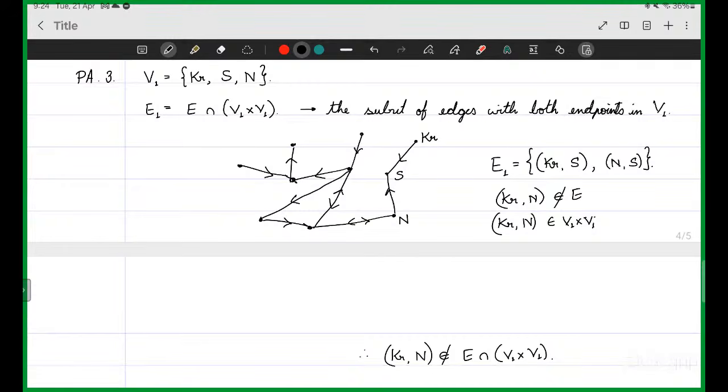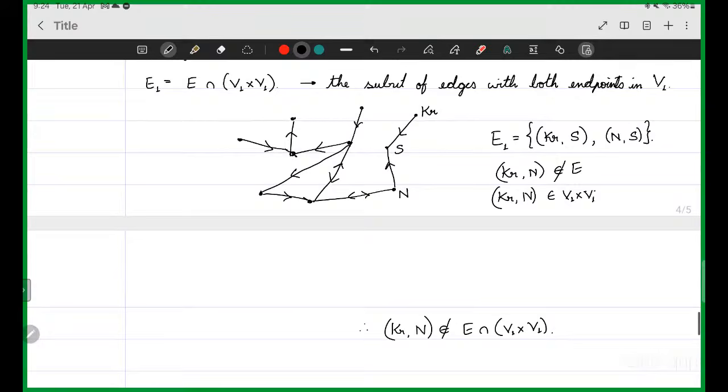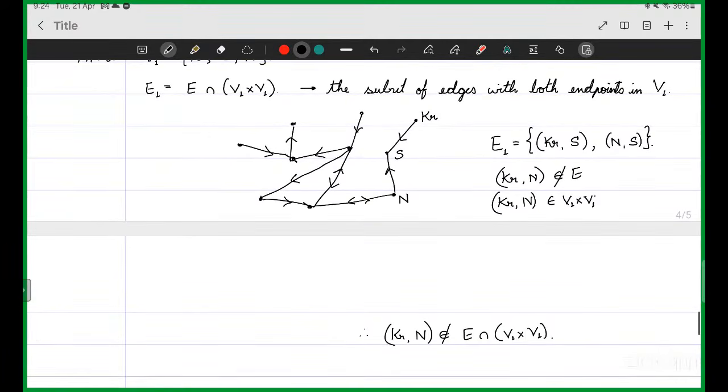Maybe a little bit of practice is required to put things together. The edge set is written as an intersection of 2 sets, and it might get too many layers, but do it step by step. Understand what V1 cross V1 is, what E is. E is also a subset of V cross V, since it's a directed graph.